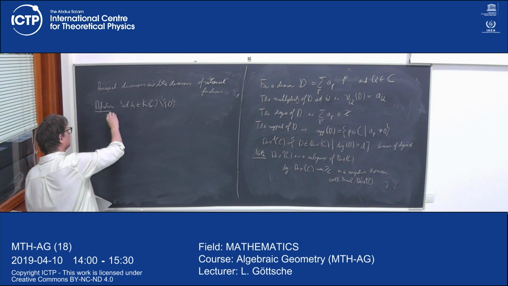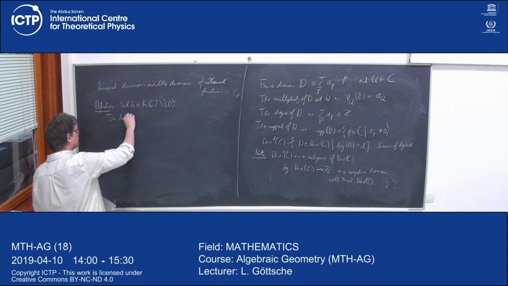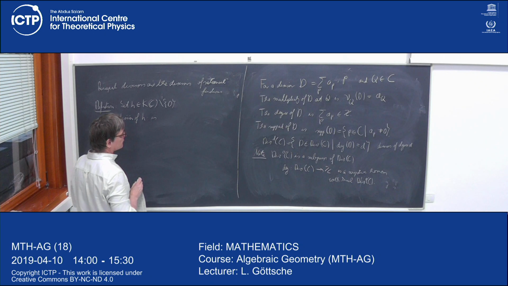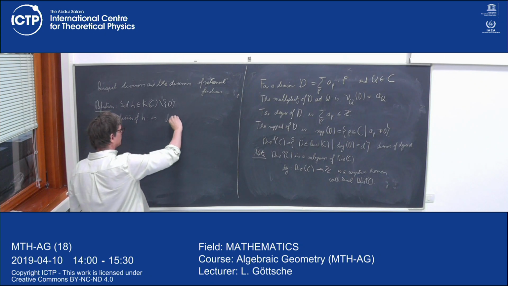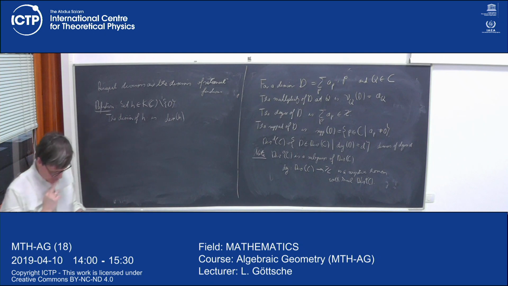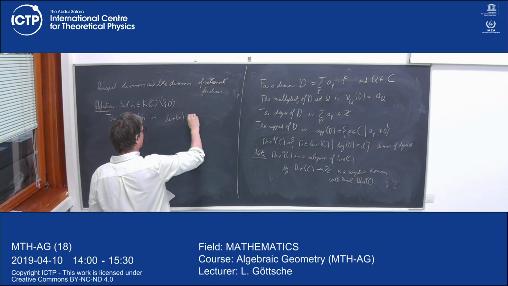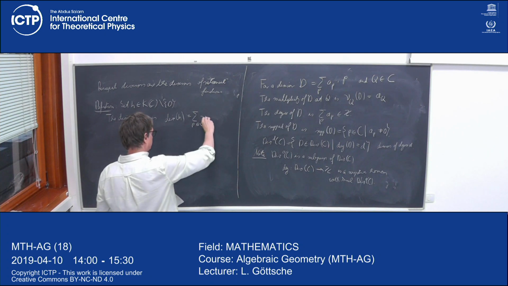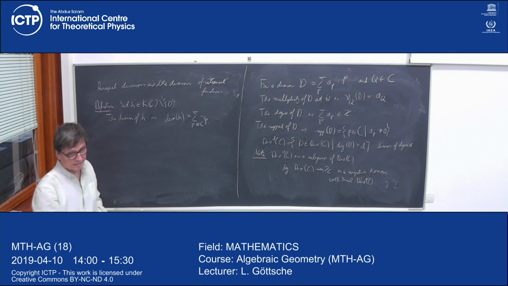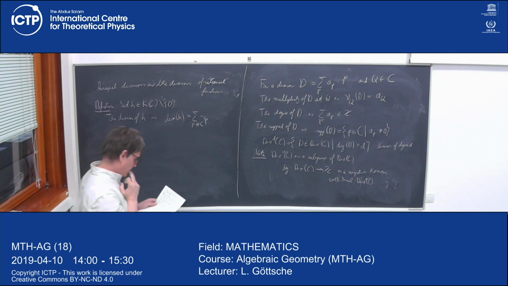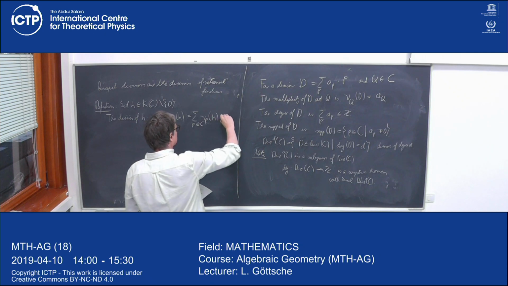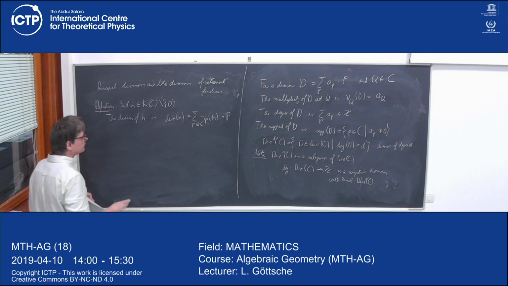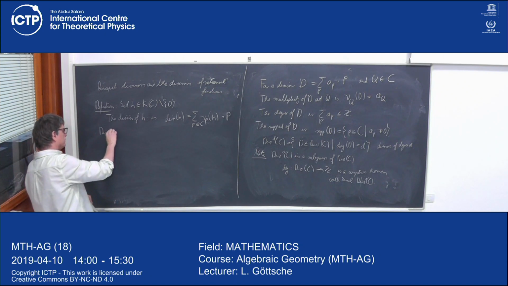The divisor of H is, in my notes I wrote it with H like this, maybe I find it easier to write it like this, div of H, which is the sum over all points P in C of the multiplicity at P, that we had just defined in terms of the valuation of H, times P. So divisors of this form are called principal divisors.